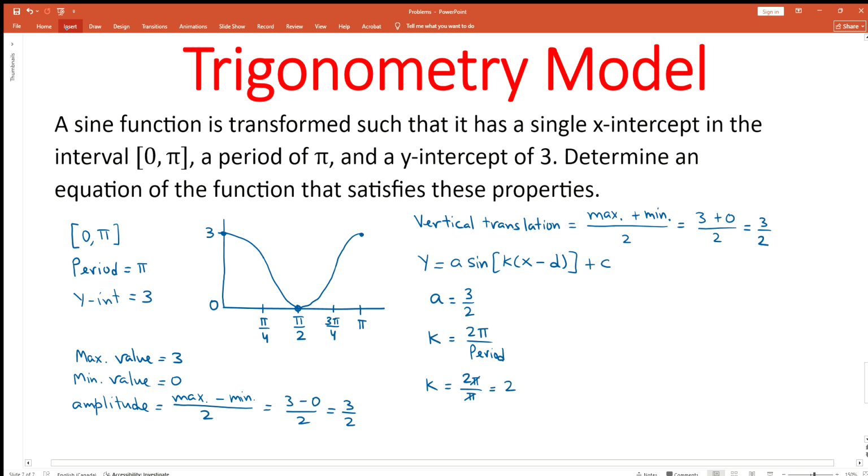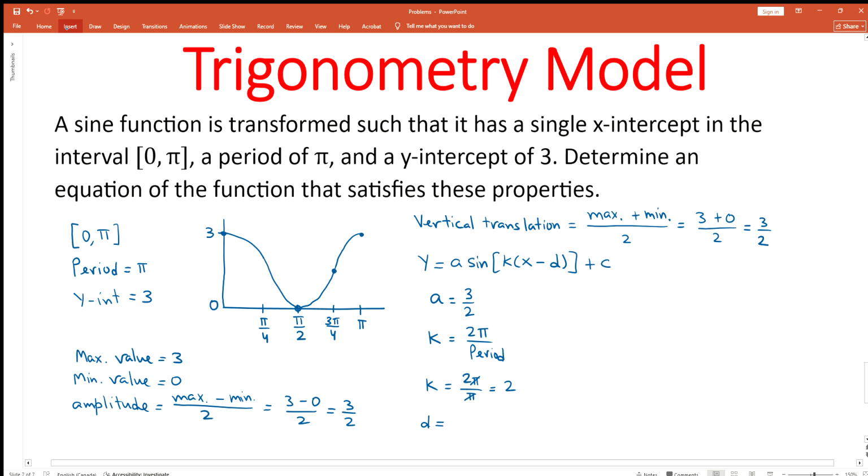Next, we can find the value of d. d represents the phase shift. We are using sine function to write this model. As you may know, in the graph of the parent sine function, this point, which is the midpoint of the arm that's going up from left to right, is at the origin. This is an important concept about the parent sine function.